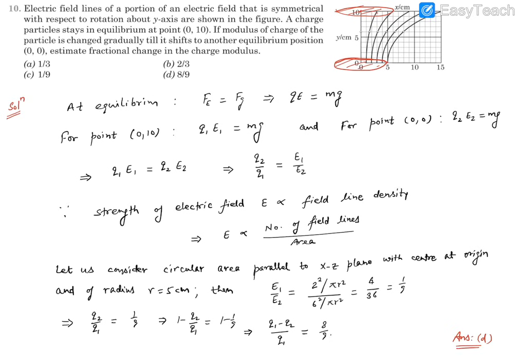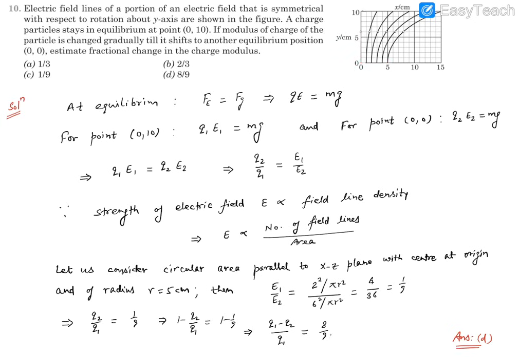So the number of field lines passing through the first area gives E1, and the number passing through the second area gives E2. If we can find how many field lines pass through the first and the second, the ratio is going to be E1 by E2. Now in this 2-dimensional picture, up to 5 centimeters we can measure linearly how many field lines there are.